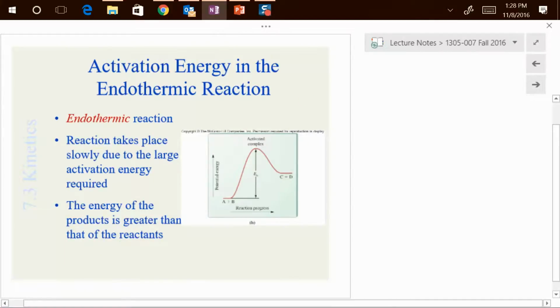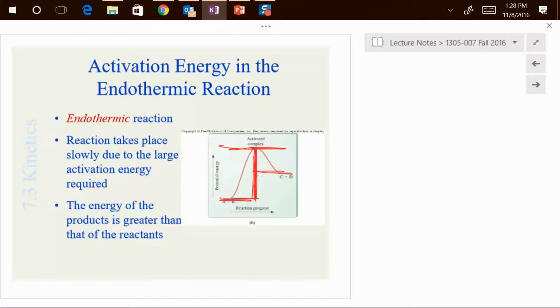So what kind of reaction is this? This is how much energy is absorbed. This is how much energy is released. This is endothermic. It requires me to absorb this much energy, and it only releases that much.